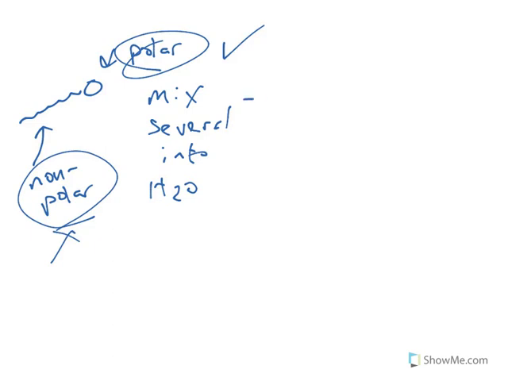So how does this work? Well, what's going to happen is that the surface area of the polar heads is going to maximize their interaction with the water.